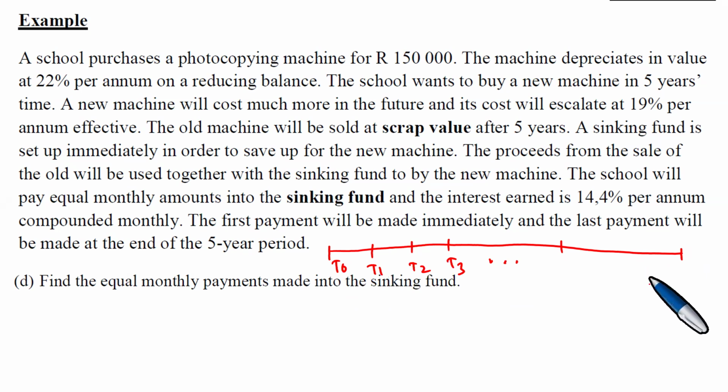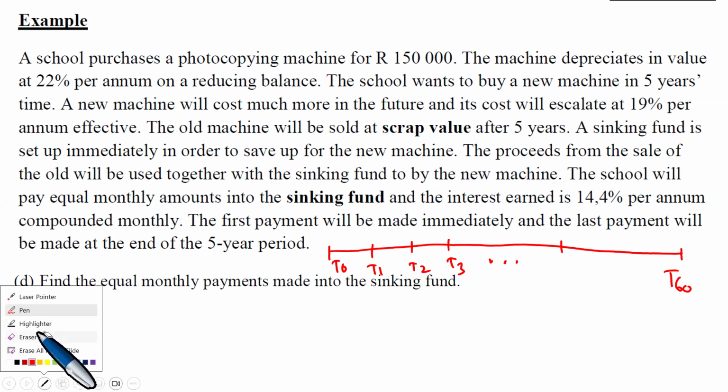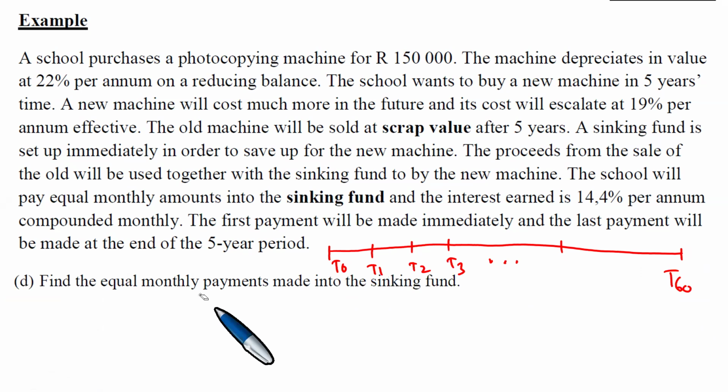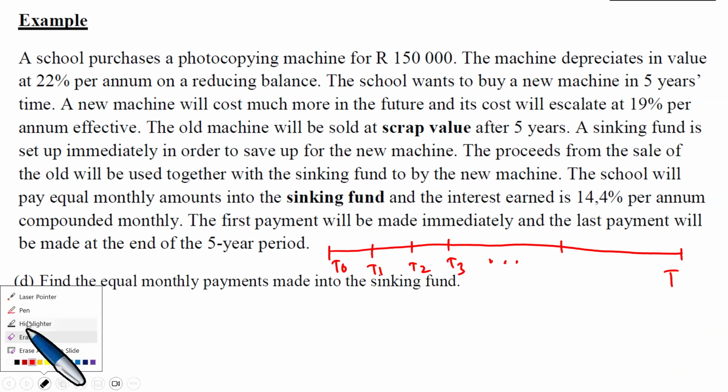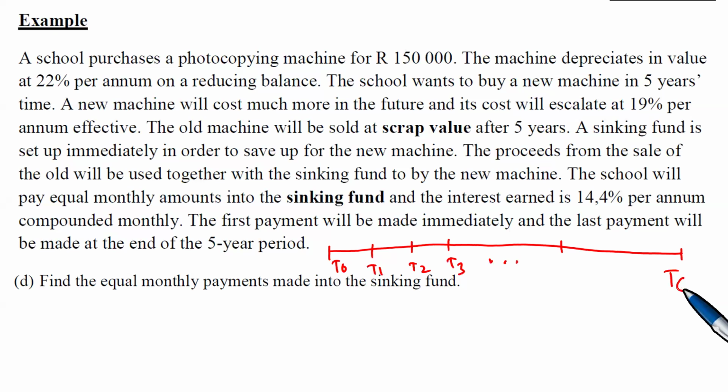We have T60. T60 is after 5 years, and these are monthly payments. So 5 years by 60 months gives us that.